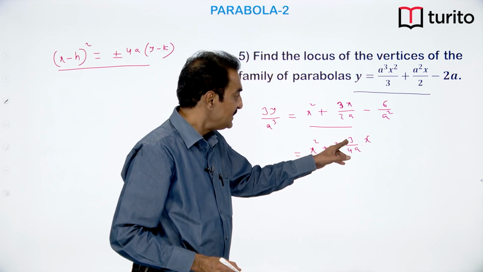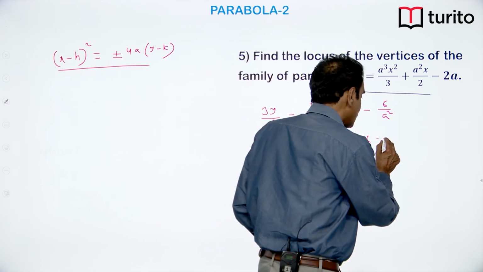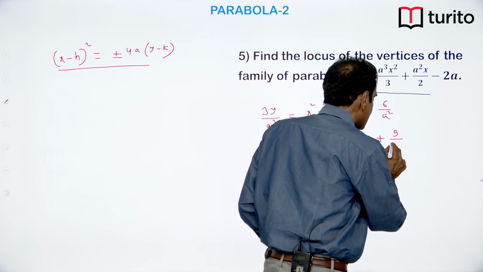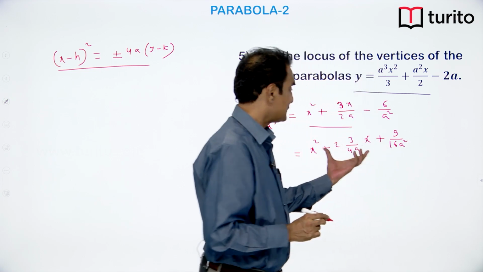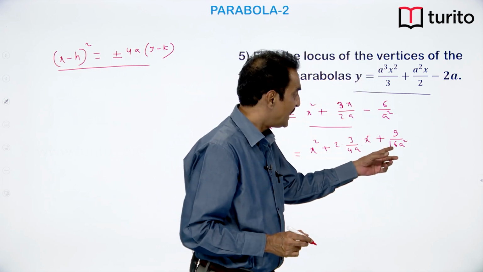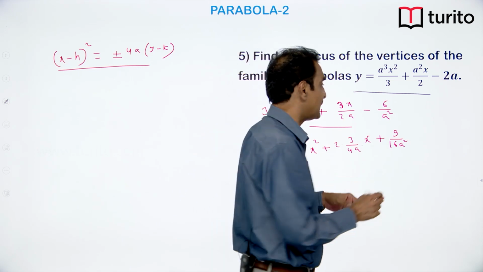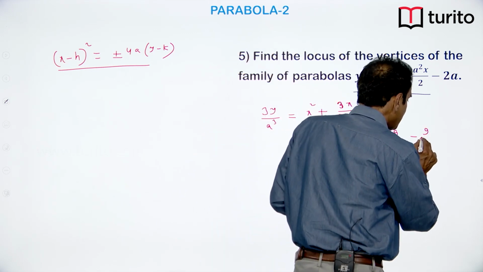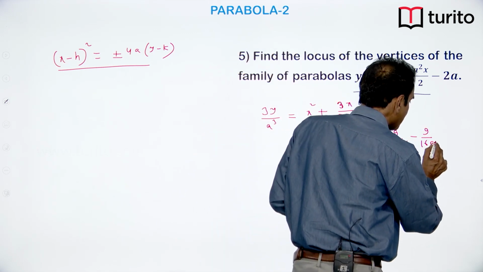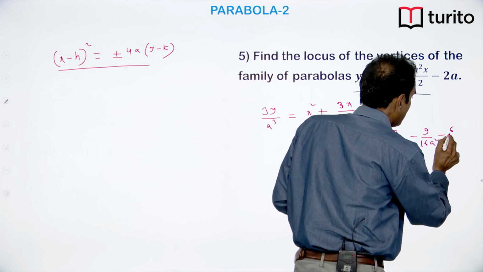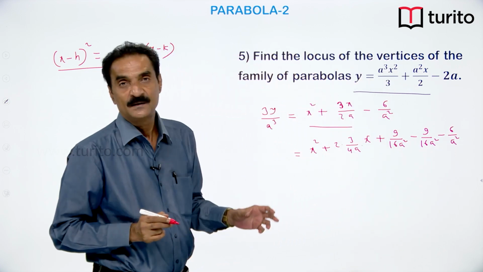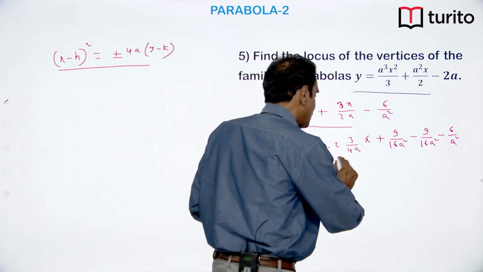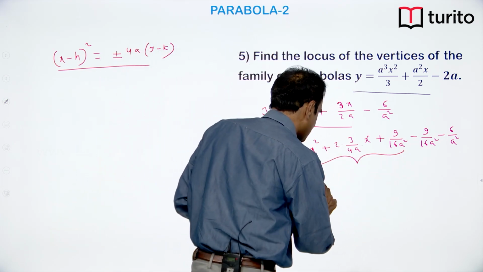Now, by adding 3 by 4a whole square, it becomes 9 by 16a square. It becomes a perfect square. But if you add 9 by 16a square, you have to subtract 9 by 16a square, minus 6 by a square. Then these three terms will form a perfect square.